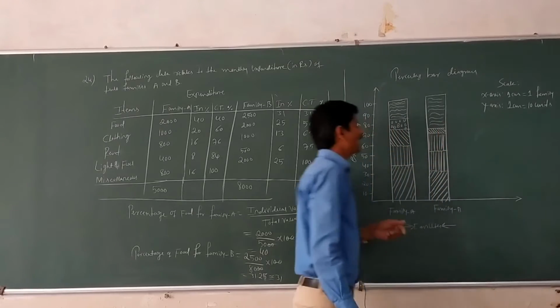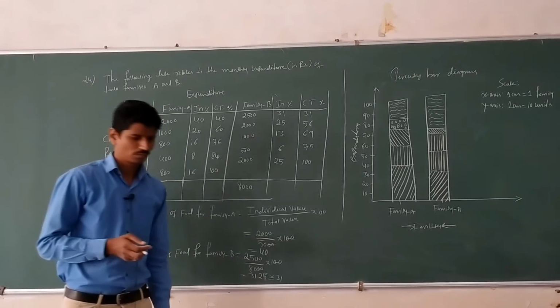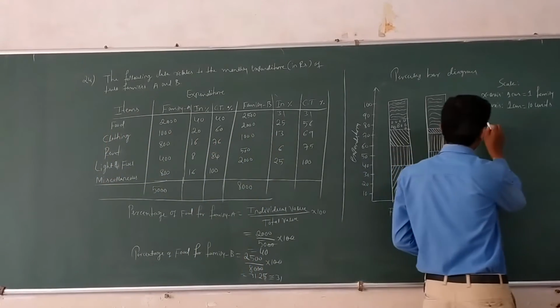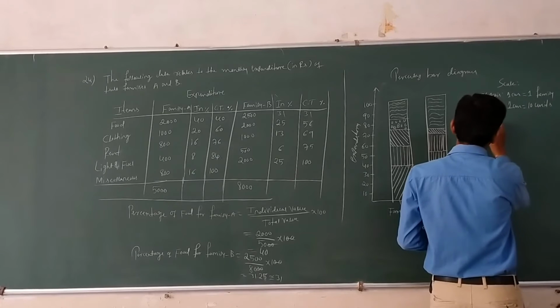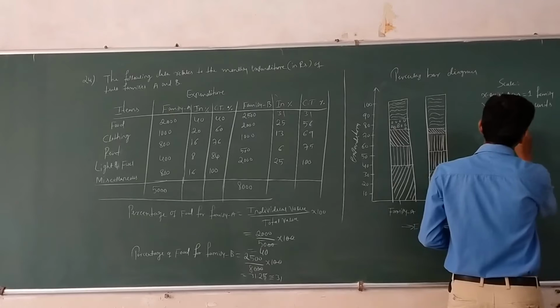Okay, next. An index is provided for easy reference. Here, the index. The first indicates rent, food.